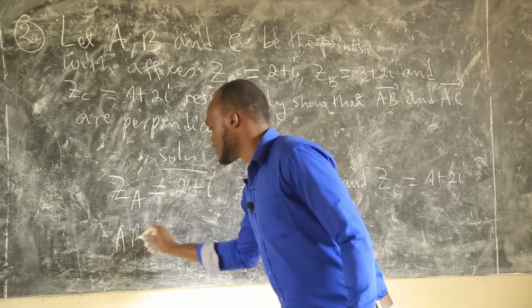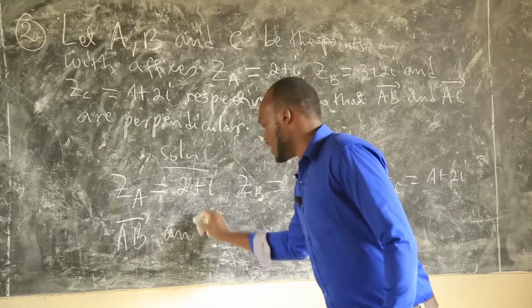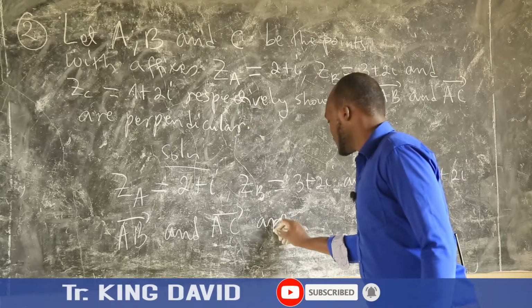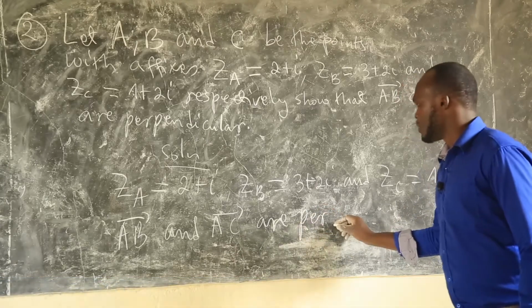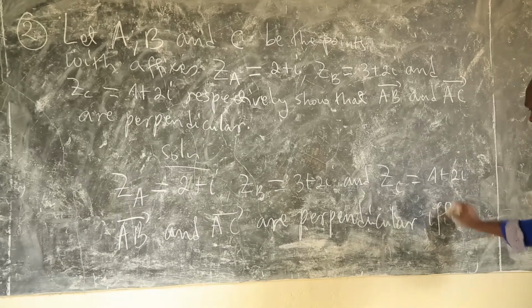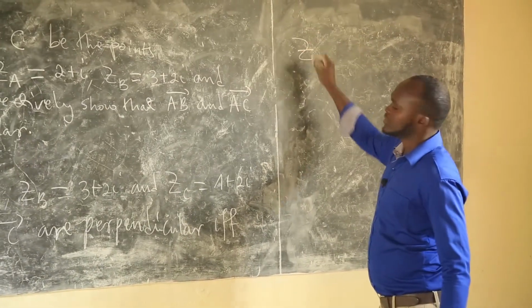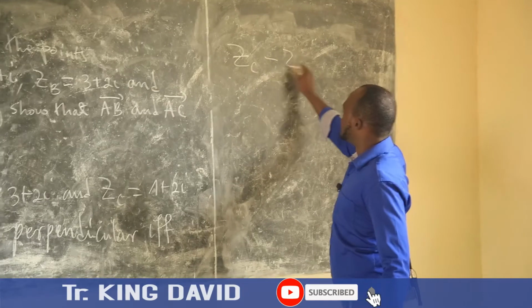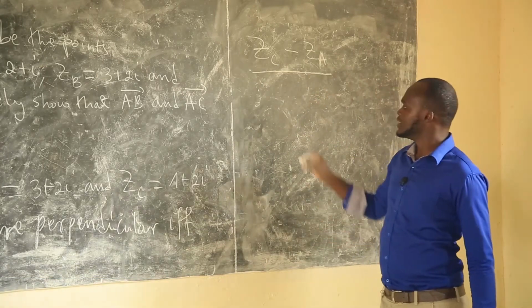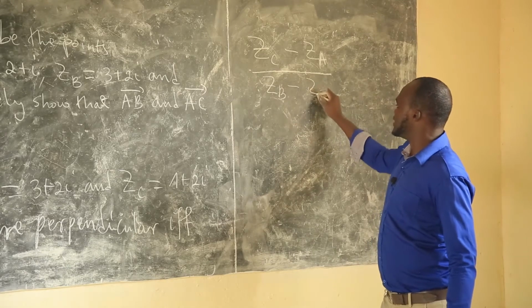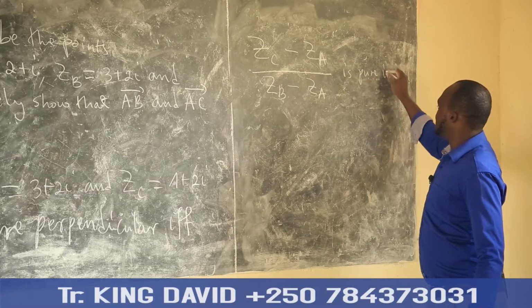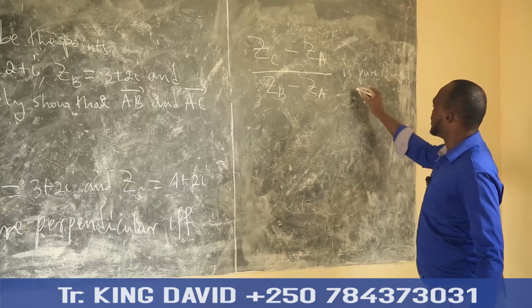Vector AB and vector AC are perpendicular if and only if (ZC minus ZA) divided by (ZB minus ZA) is pure imaginary.